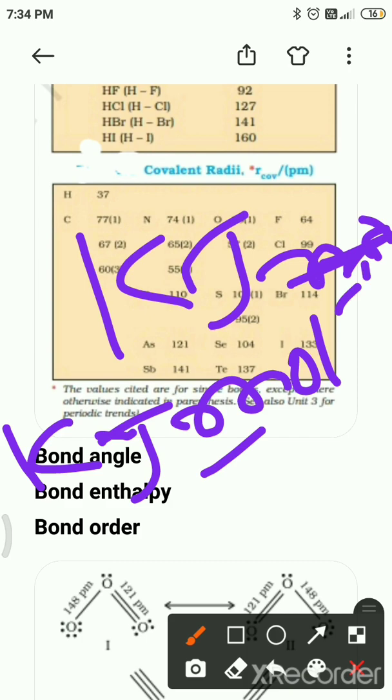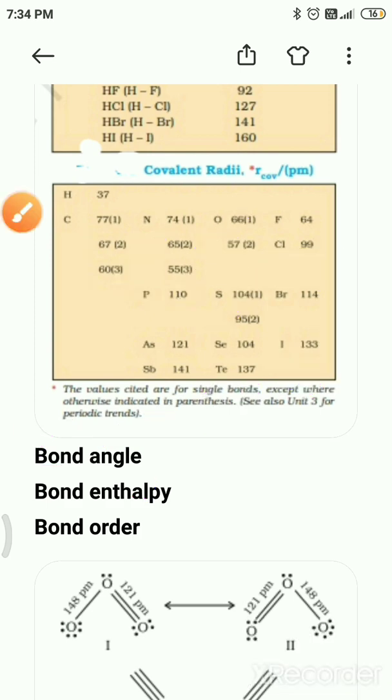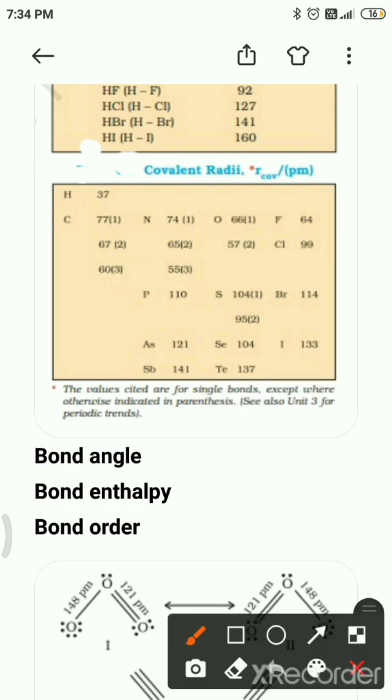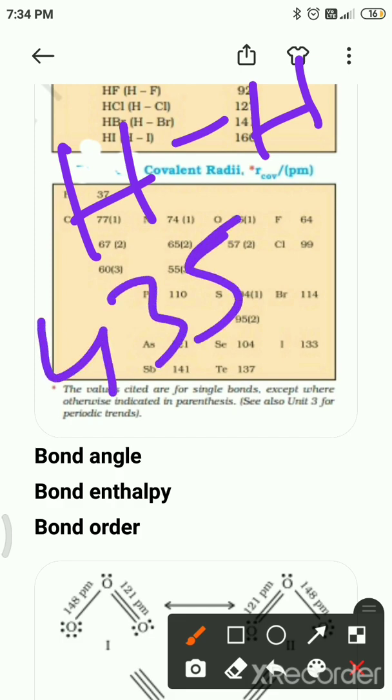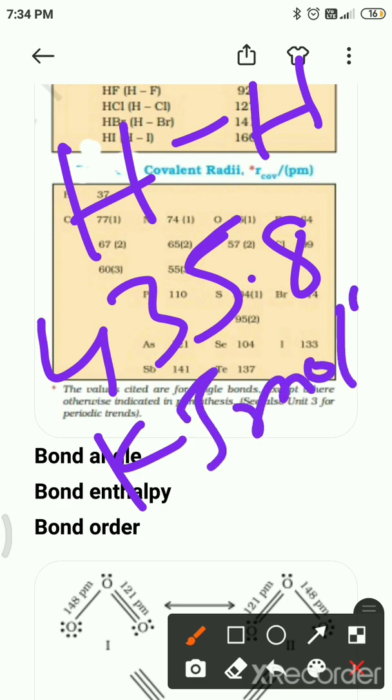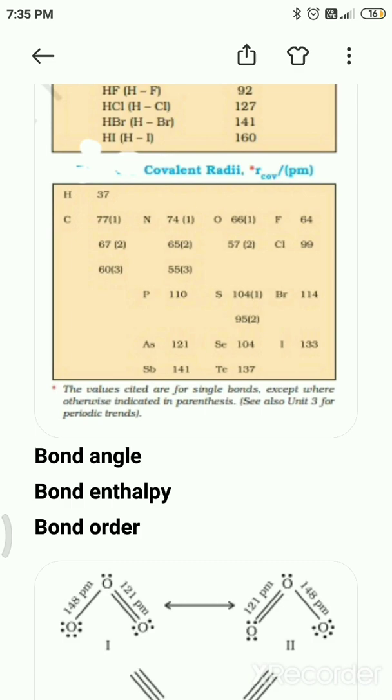For example, hydrogen, H2, H-H. The bond enthalpy of the hydrogen molecule is 435.8 kilojoule per mole.